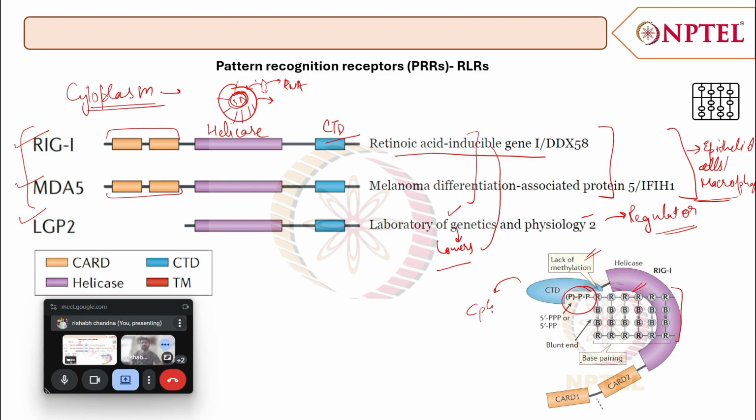There is a term called CpG island, which is recognized by these receptors because the CpG island is very less methylated in the body. So this is the typical structure and how it recognizes RNA viruses.